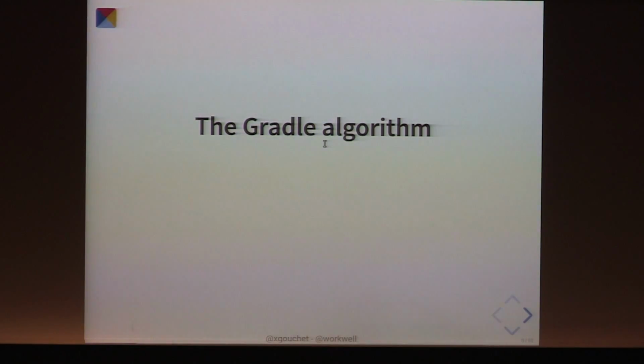So what's the Gradle algorithm? You're inside Android Studio, you click on the green arrow to run your project on your device, or you're in the command line and you're starting a specific task or a list of tasks. What happens at that moment? The first thing that happens is that Gradle initializes itself.